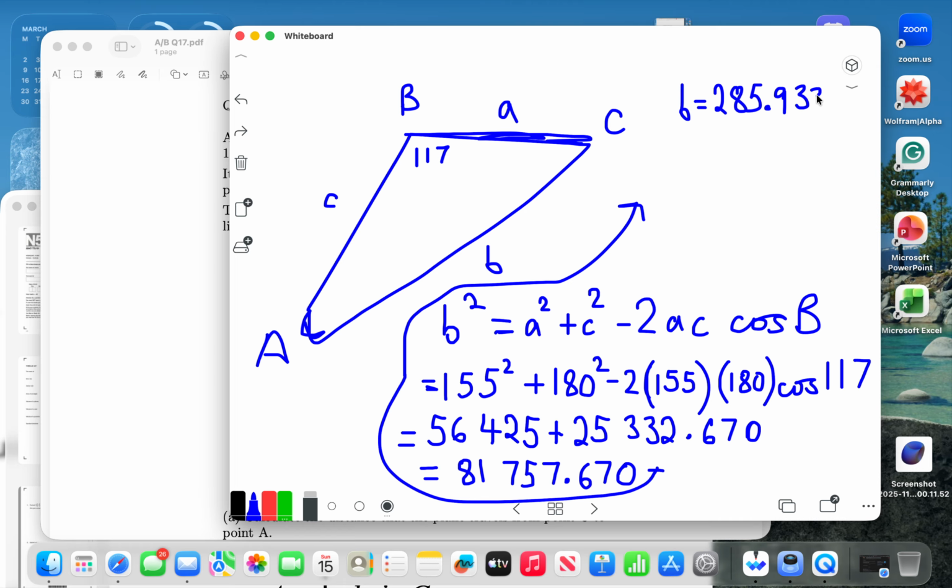We're rounding at the moment to 4 decimal places. I will round it again in a second.